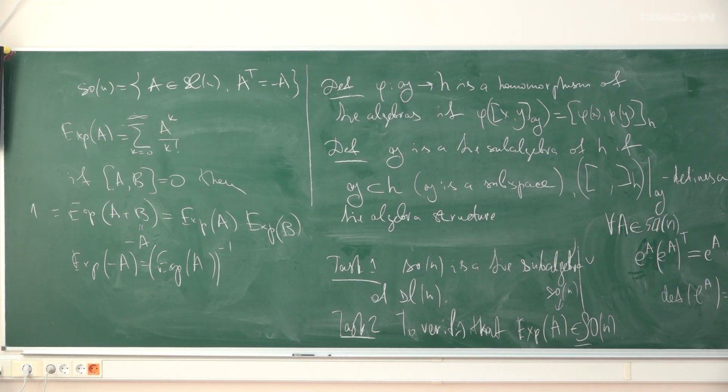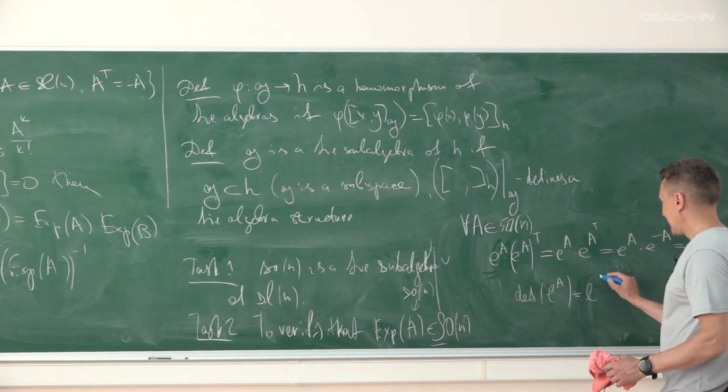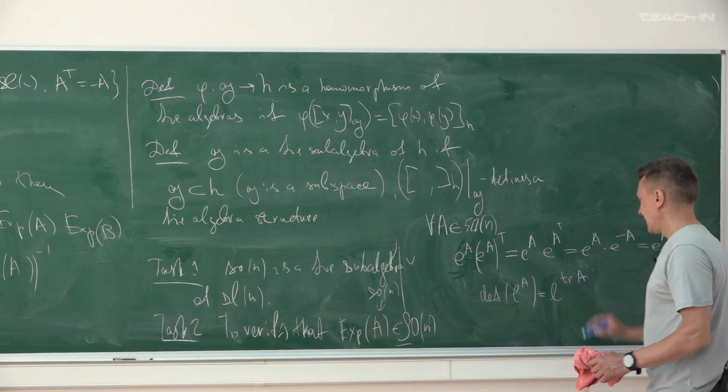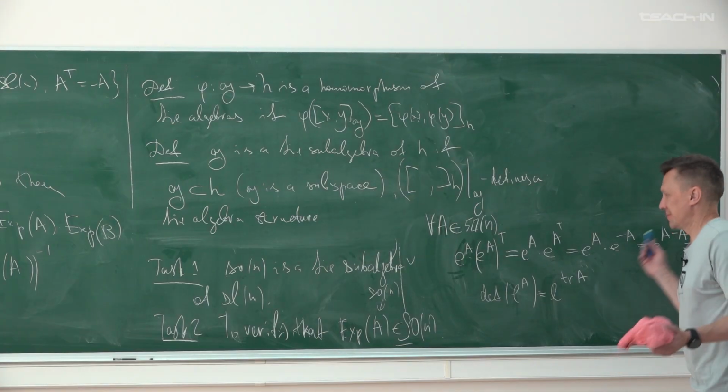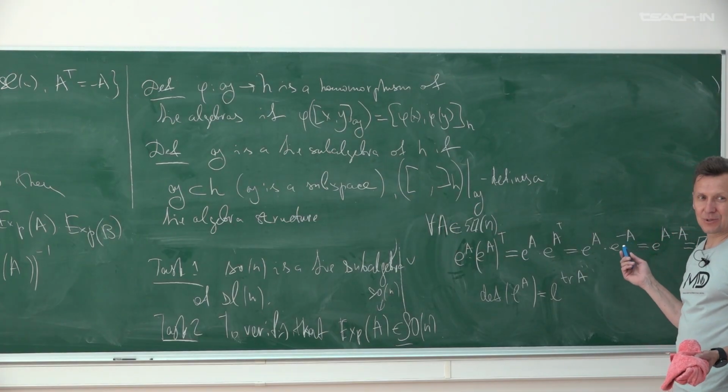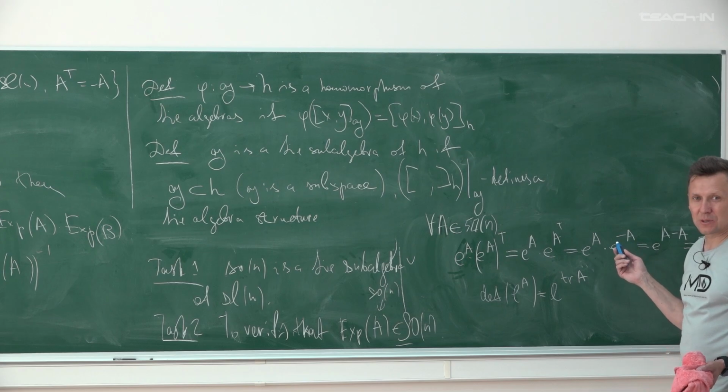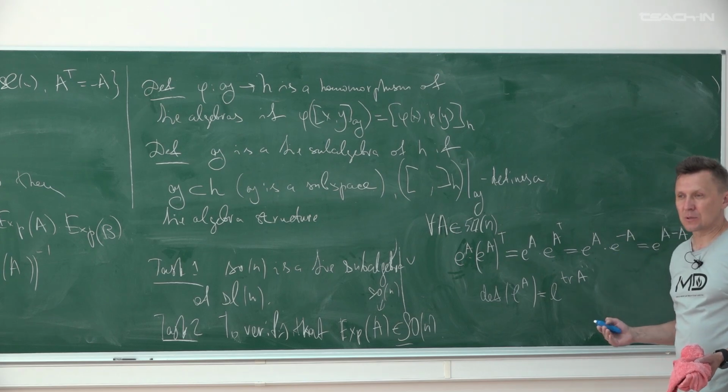Maybe for the determinant, we can use the property that the determinant of an exponent is the exponential of the trace. The trace is 0 because it's skew-symmetric. It has 0 elements on the diagonal.